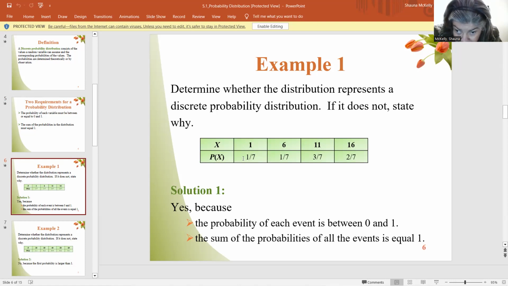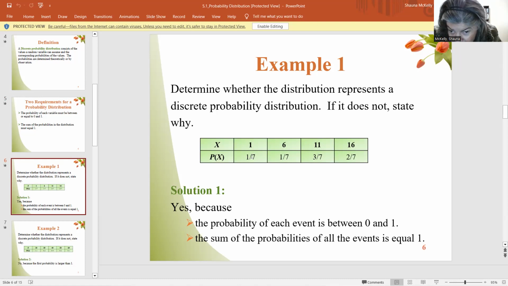between 0 and 1. So 1/7 is between 0 and 1. 3/7 is between 0 and 1, and 2/7 is between 0 and 1. None of these probabilities can be negative, and none of them can be greater than 1. They aren't, okay?